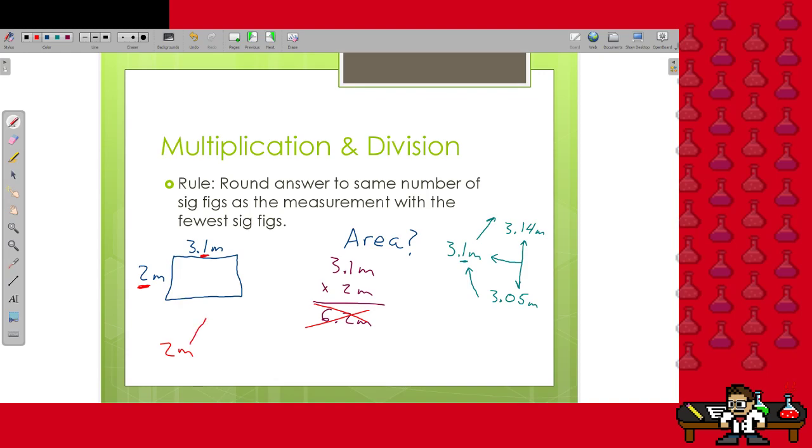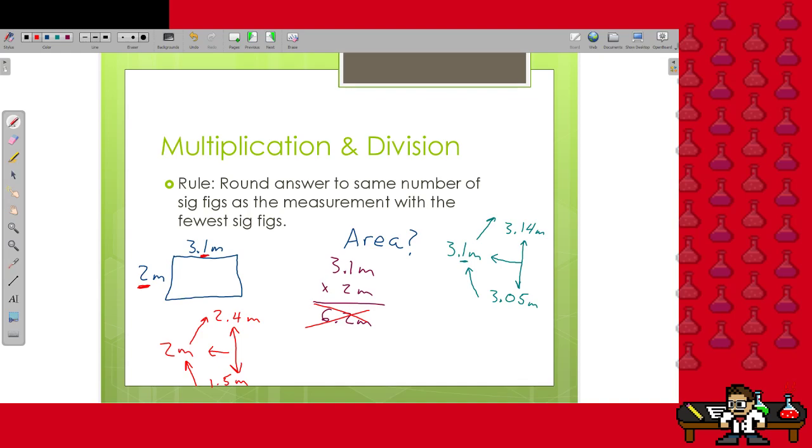This means to me that this could be somewhere between 2.4 meters at its rough maximum and 1.5 meters at its rough minimum. And really, it could be any number in between these two values and still give us 2 meters when rounded to the nearest meter.